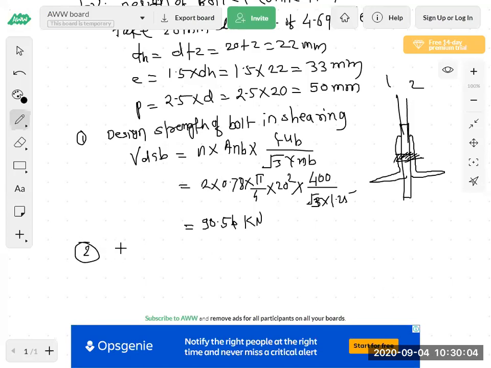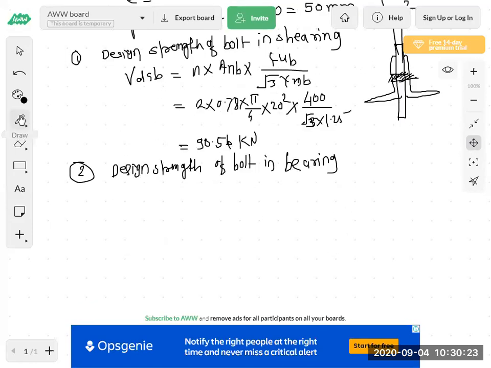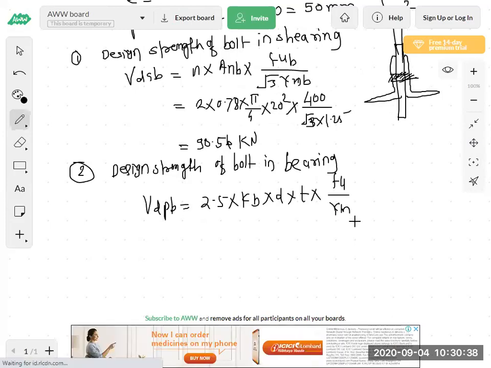So now calculate the second, design strength of bolt in bearing now. So VDPB is equal to 2.5 into KB into D into T into FU divided by gamma M1.